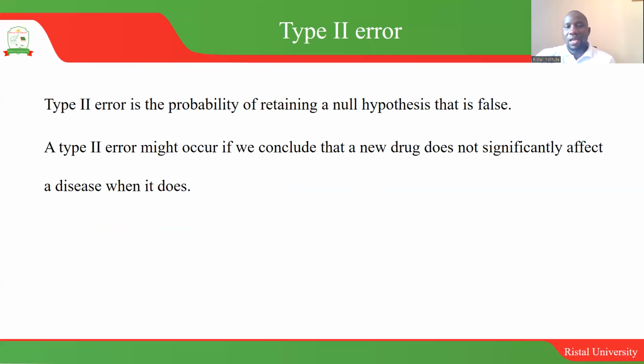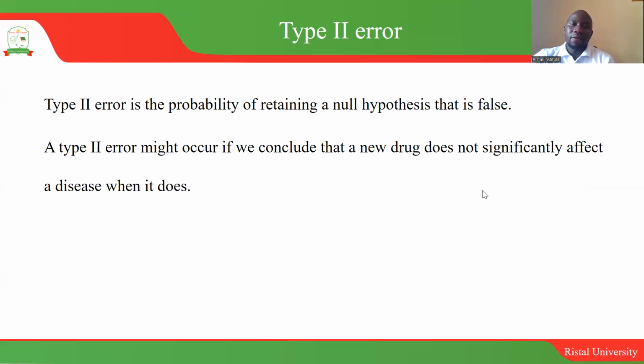Okay, so you're basically saying that drug X does not have an impact on the risk of having a disease Y. Okay, and then you agree with it, yet it is actually false. So accepting a null hypothesis when it is actually false is a type 2 error.